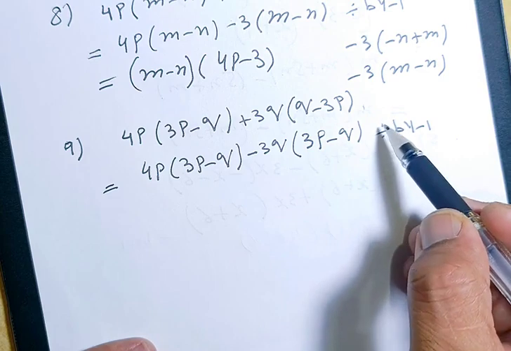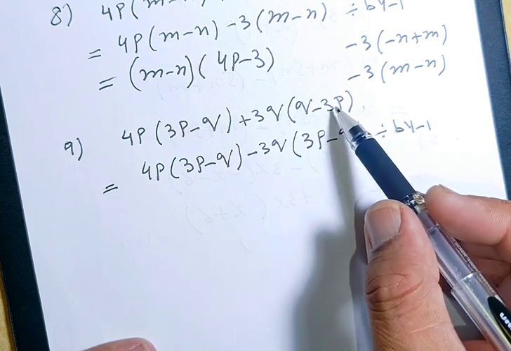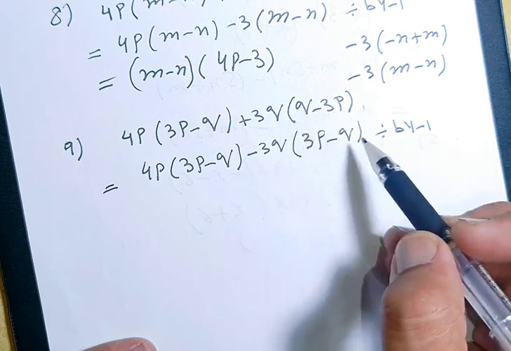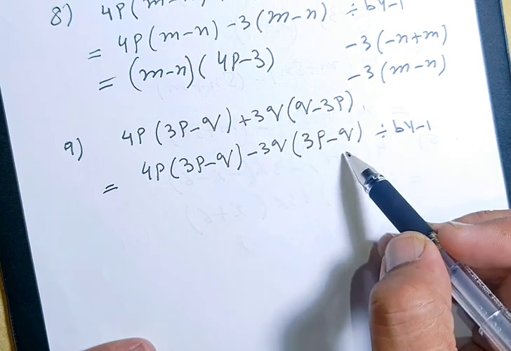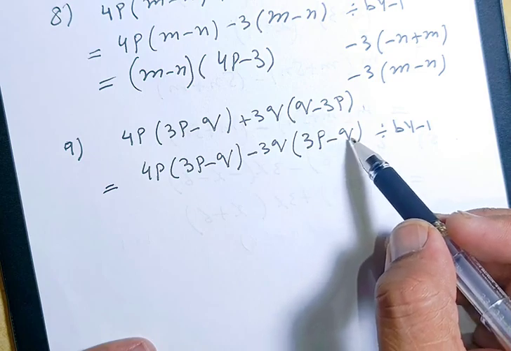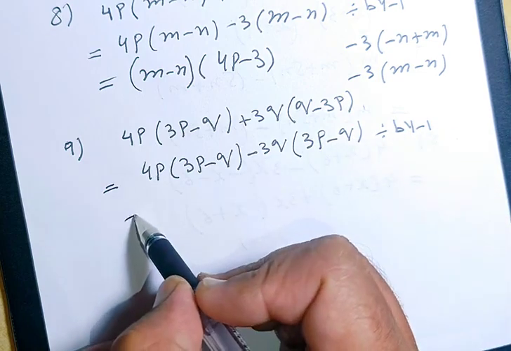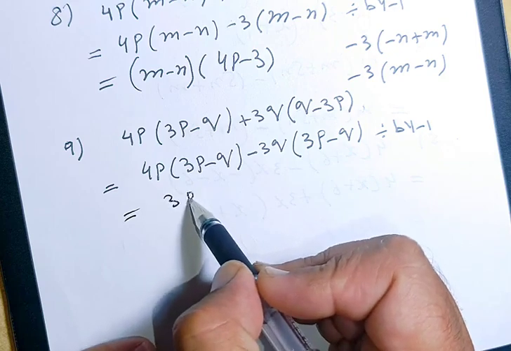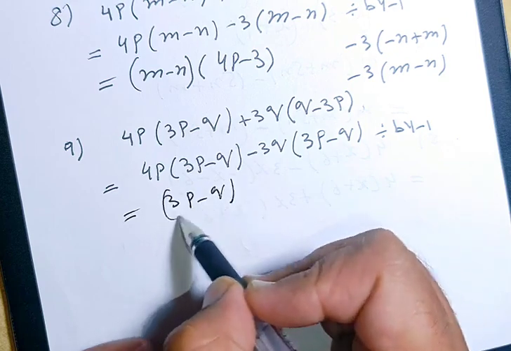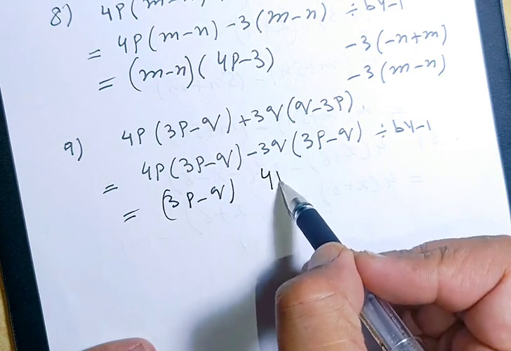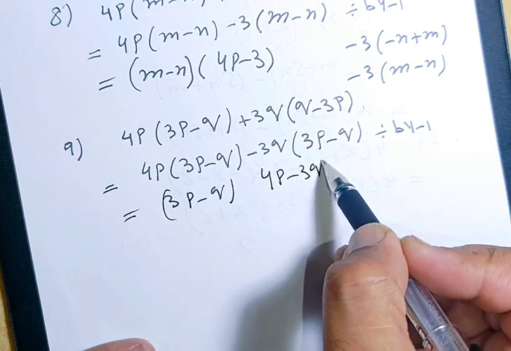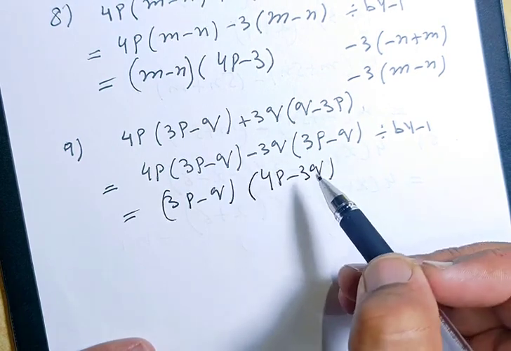Then you can change the place. It's not going to affect anything, right? So this is my 3p -q. So now 3p -q is the common factor, and what is left there? 4p minus 3q. This is my final answer.